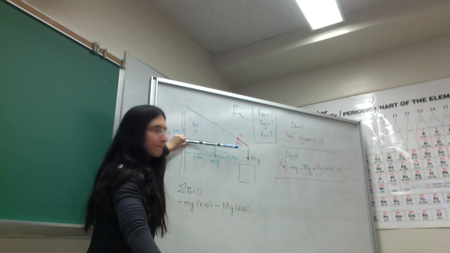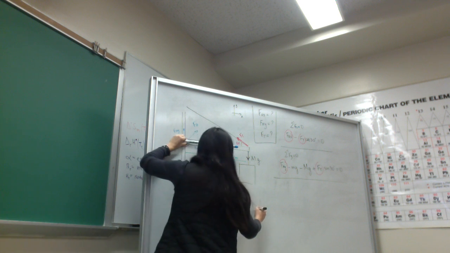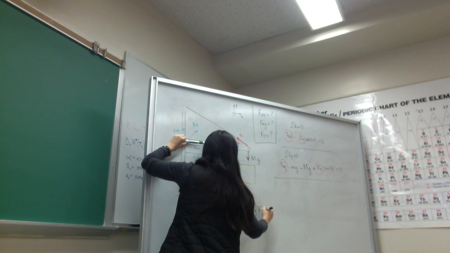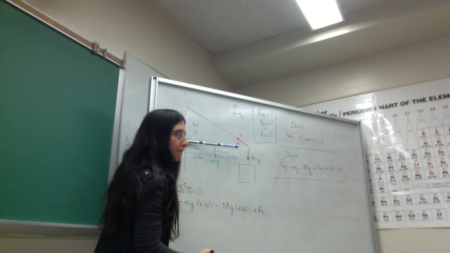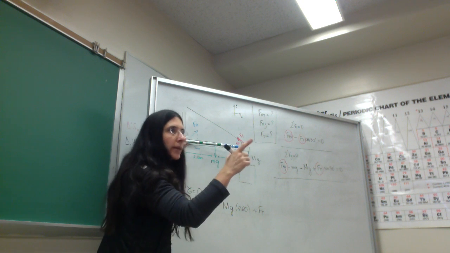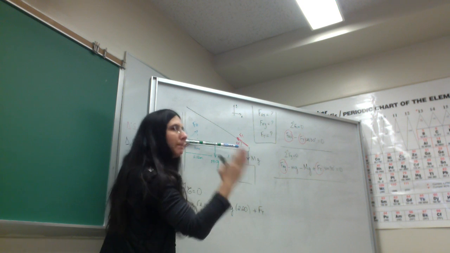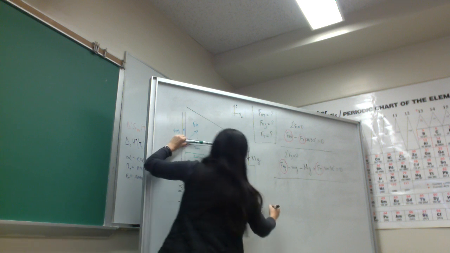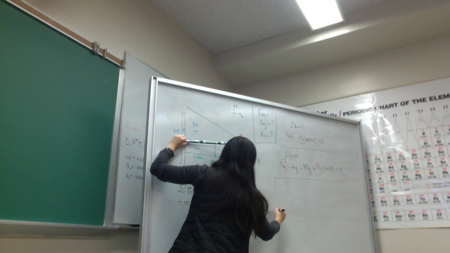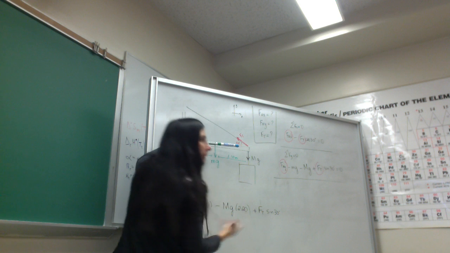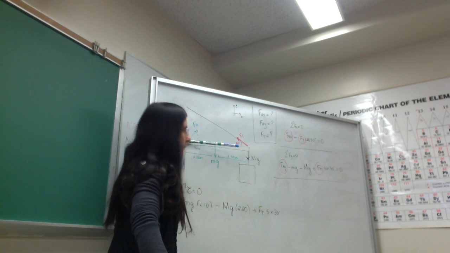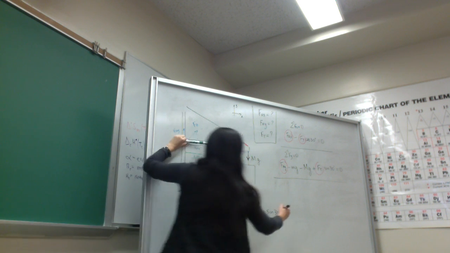Plus FTy. Plus FT, it has to be the sine. Right direction, right? It has to be perpendicular to the beam. Sine 30 in the y direction, sine of 30, and the lever arm, or the distance, now 2.2.